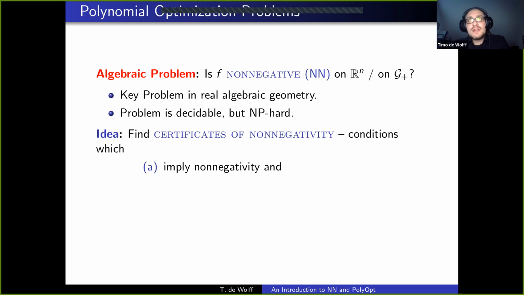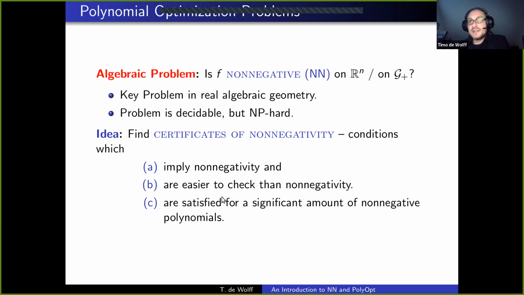So we want to find other conditions that would imply non-negativity. When I say other conditions, I mean other conditions on the polynomials that we investigate, that should imply non-negativity, that should be somewhat easier to check than non-negativity itself, because we just established that this is hard, and that should often be satisfied for many polynomials.